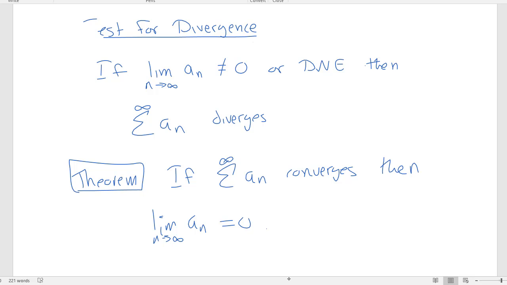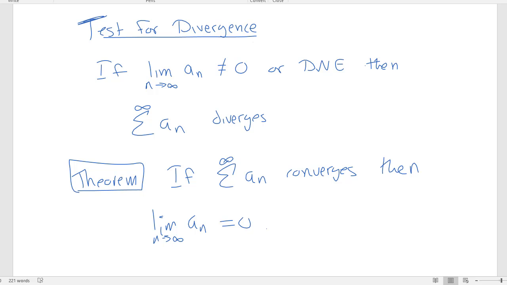We talked about how the terms have to go to zero fast enough, and we'll get into that deeper later. But if we know the series converged, then it had to be true that the terms went to zero, i.e. fast enough, okay? So if the terms don't go to zero at all, then we know when we add them together the series diverges.